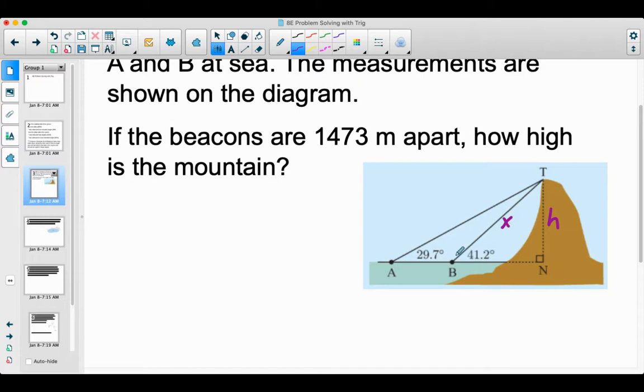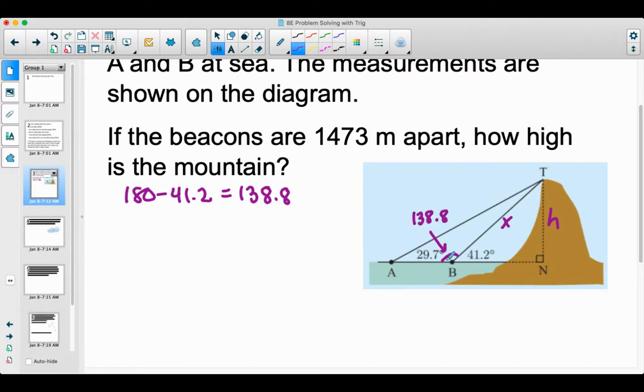Well, I can find this angle right here because I know that this 41.2 plus this angle on the other side is going to be 180 degrees. So if I subtract 180 minus 41.2, I end up with 138.8. So this angle right here is 138.8.